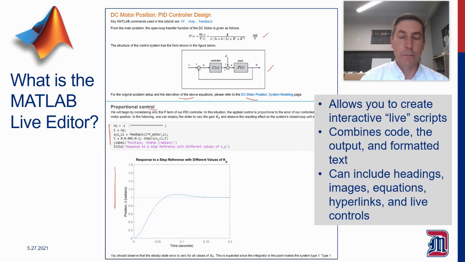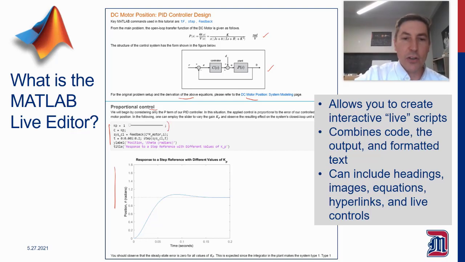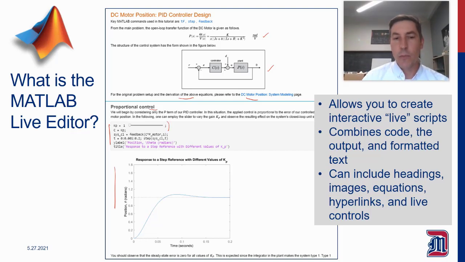All of these are the same things that you can do when you publish a document. The thing that's different about the Live Editor is, number one, you can make these changes directly within the graphical document without publishing from an M file. And the other thing is that you can have live controls, such as the slider here, where you can be varying parameters and in real time see what the effect is on the output of the code.